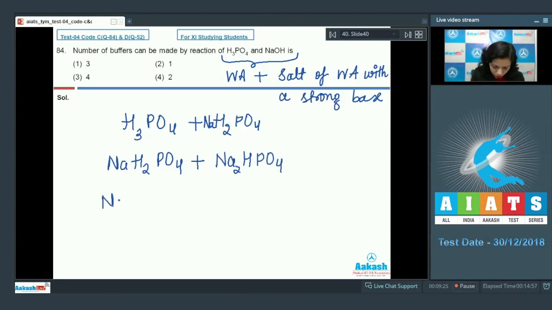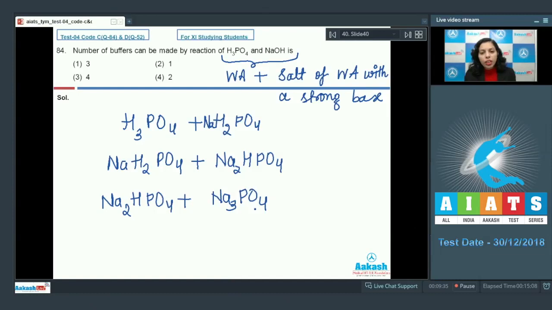Further, Na2HPO4 and Na3PO4. So only three possibilities are there, and that is why the total number of buffers that can be formed here would be 3, and that's why the correct answer is given in option 1. That is 3.